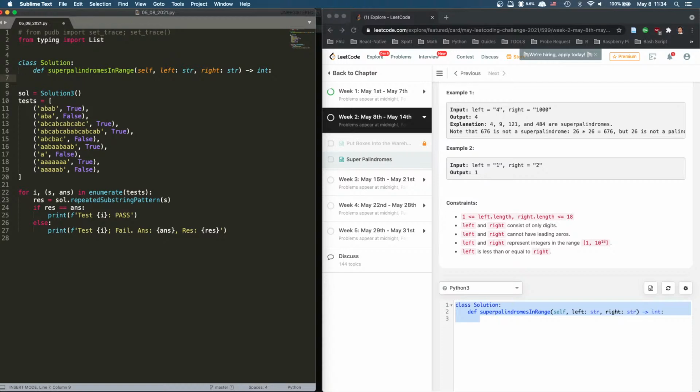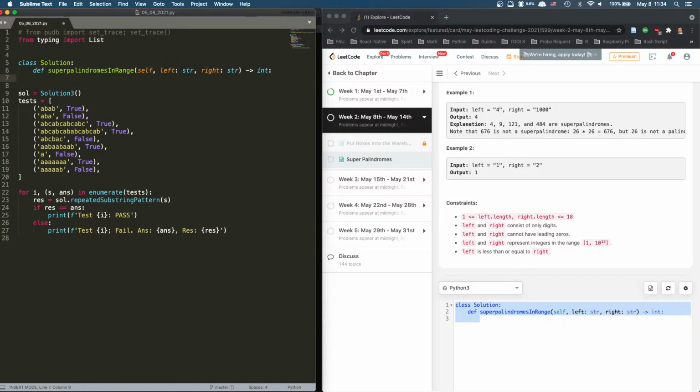Well, depending on the left. No matter what, like even if the left is say a gigantic number, then to compute the possible palindrome, we still have to do all of these things, right?